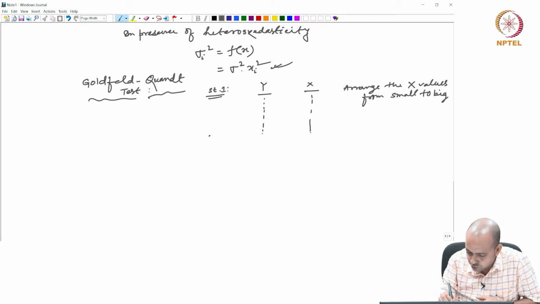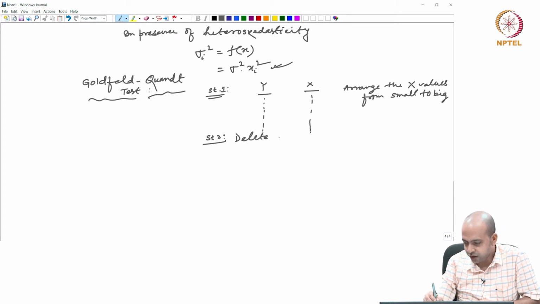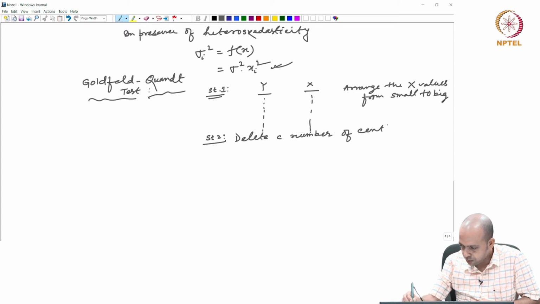Then what is step 2? In step 2, after rearranging the x from small to big, you delete C number of central observations.